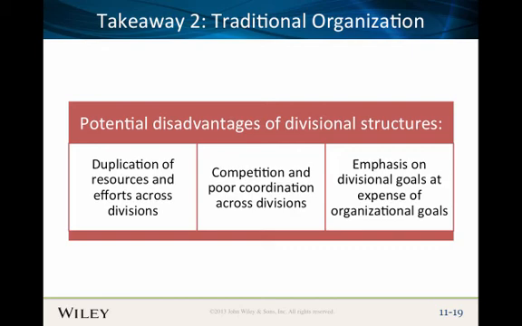You'll have your accounting, your marketing, your product and production. You have all of these parts, and each one of these divisions will have these parts. Well, what's likely to happen is what we're seeing here: duplication of resources and efforts. You have in one area someone doing accounting for that product, and then in this other area you have someone doing accounting for this product.